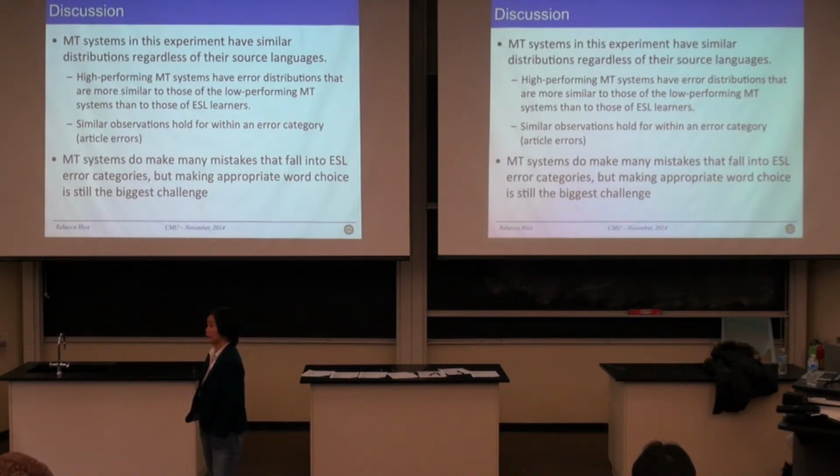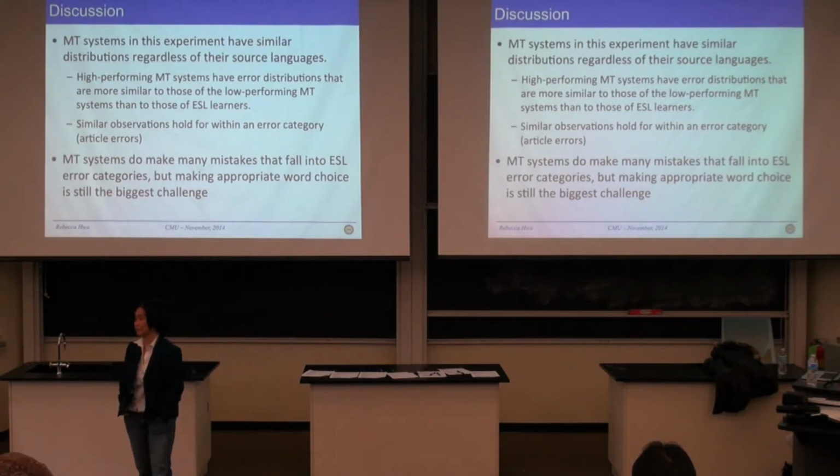That's my hope, actually. What I hope to do is to find a more varied population of MT systems. And I think I would see more difference, although I don't know if I would necessarily see a clear correlation between the distribution profile of each system in terms of this spectrum of bad to good to very close to an ESL learner or not.